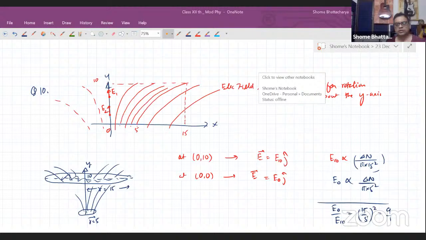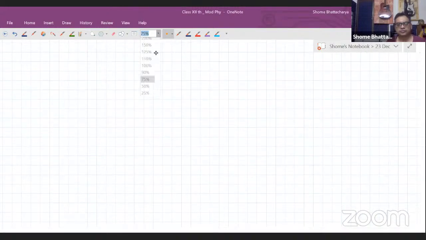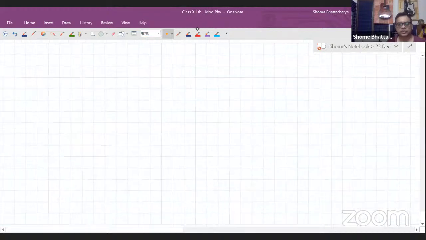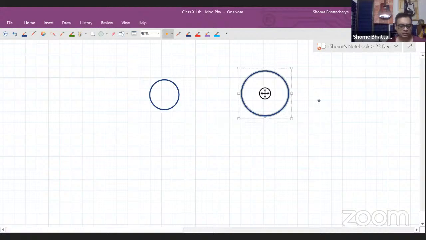Okay, so let us understand this in two regards. First of all, let's assume that the two spheres have like charges. Suppose this is having plus q1 and this is having plus q2.